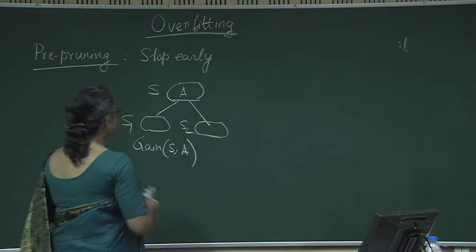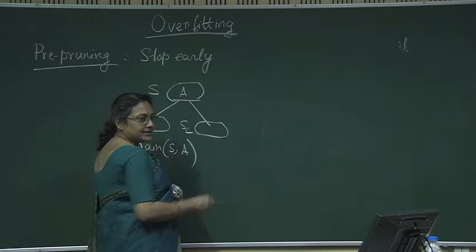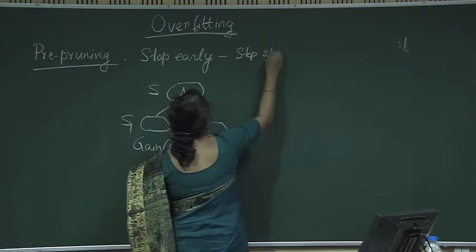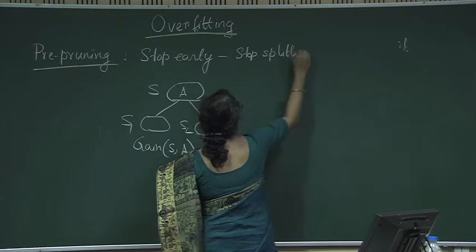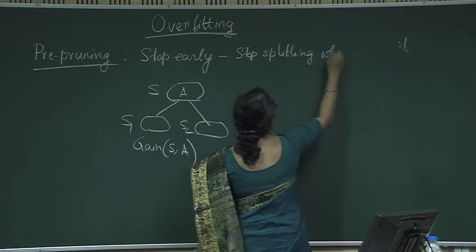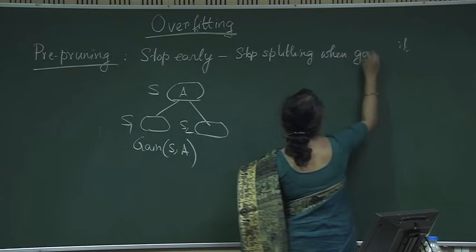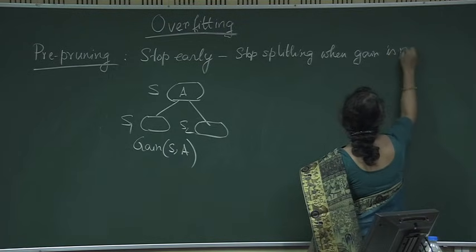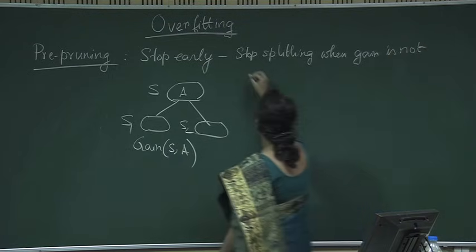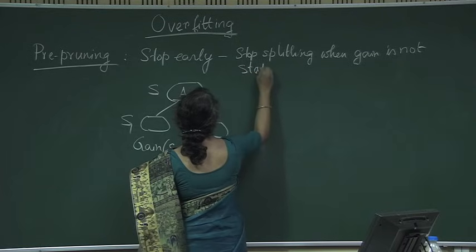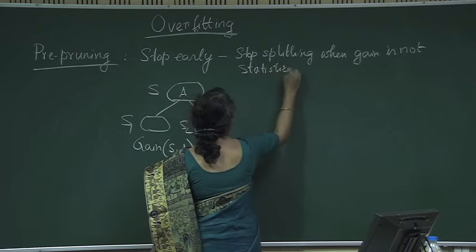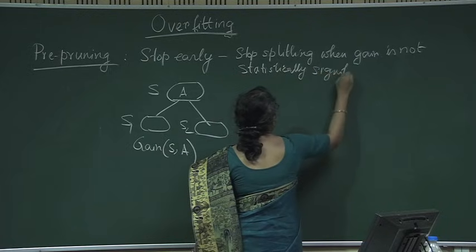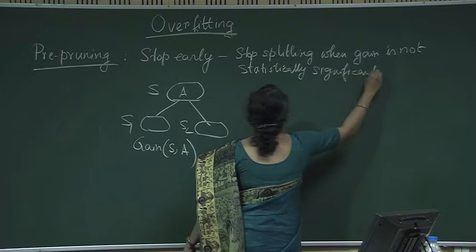So, you stop early, that is, you stop splitting when the gain is not statistically significant. That is, you do not grow the full tree.